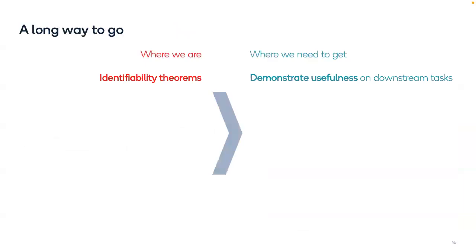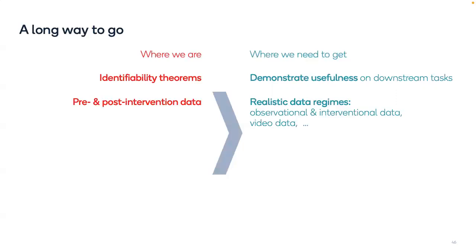Many of the papers, including ours, do things like theory on identifiability, asking under which theoretical assumptions can you uniquely, correctly identify causal variables and causal structure? And that's great. But what we ideally want is some downstream problem like planning, or solving cancer, that you can solve better if you use these kinds of models.